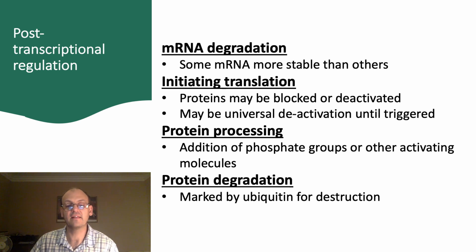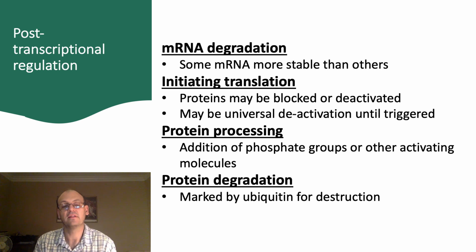The last stages of generating proteins involve their activation. Remember that proteins often need to be activated through chemical modifications that make them fully functional. These may include additional proteins or the addition of phosphate groups. By controlling these modifications, the cell can control how many protein molecules come online at a given time.